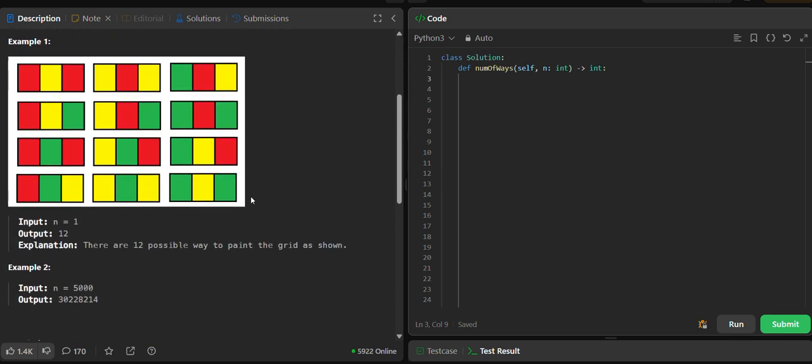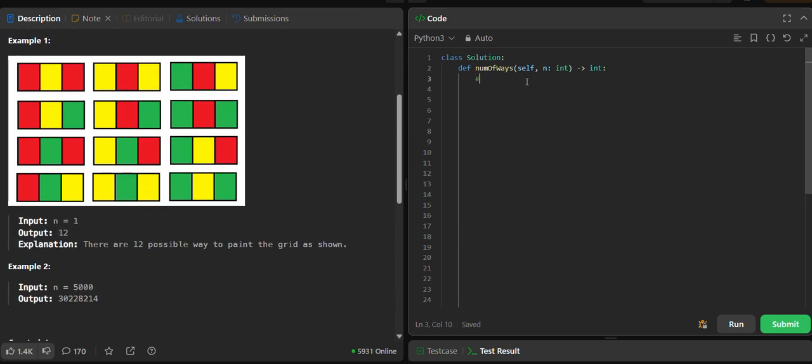For example, if n equal to 1, that means our grid is 1 cross 3. Now, how many ways can we paint it? Here in the pictorial example, you can see that if n equal to 1, then we can color the grid in 12 possible ways.